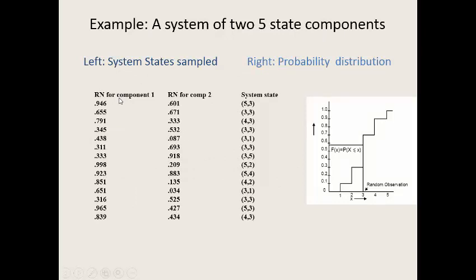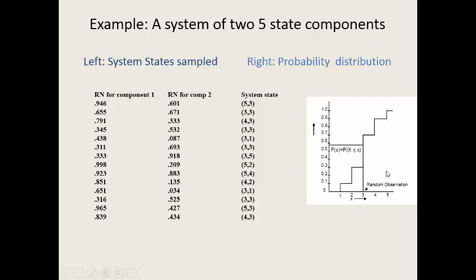Let's, for example, look at a system consisting of two components, component 1 and component 2. And both components have got this cumulative probability distribution. Then you draw a random number for component 1 and draw a random number for component 2. And now you can see that according to this, 0.946 lies over here.